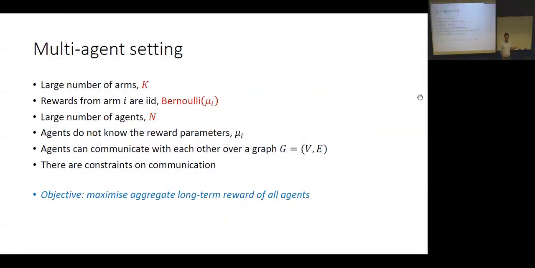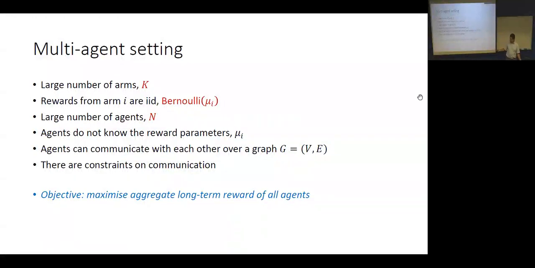So if k is large, you are going to get large regret. But you may also have a large number of agents, and then you could maybe split the exploration task between the agents in such a way that you get much better regret bounds. So that's the idea.